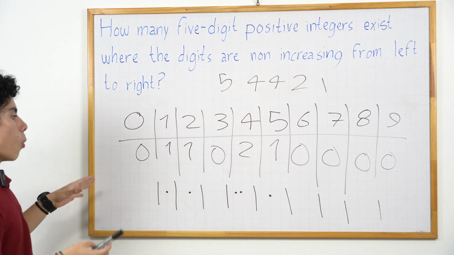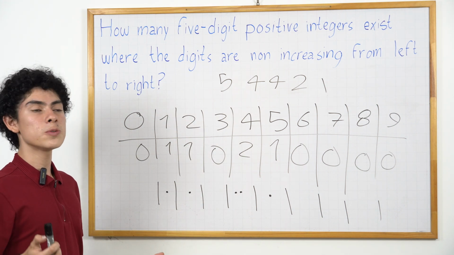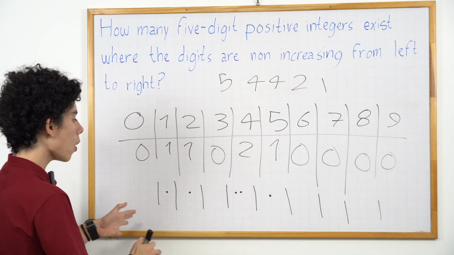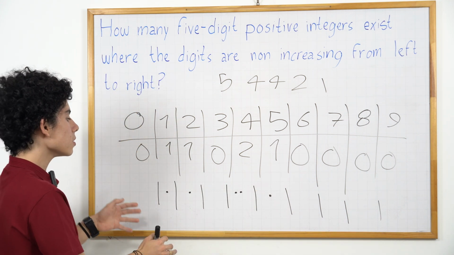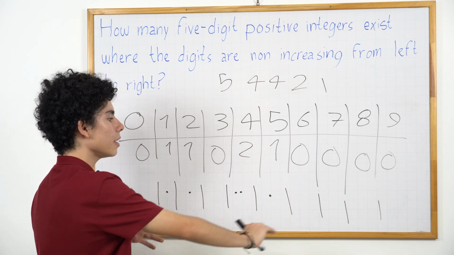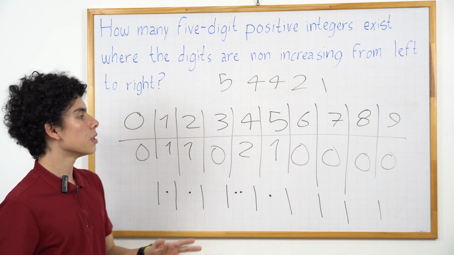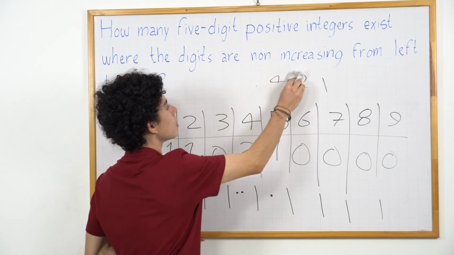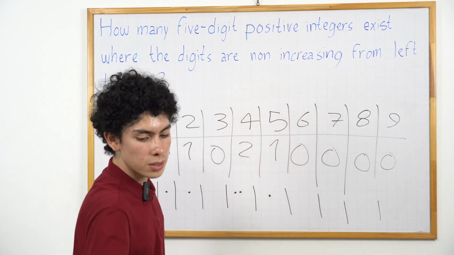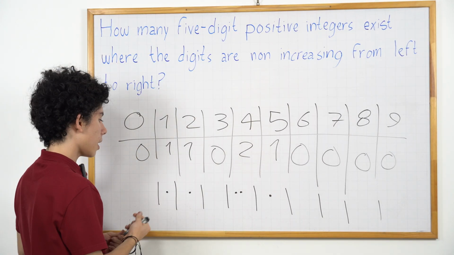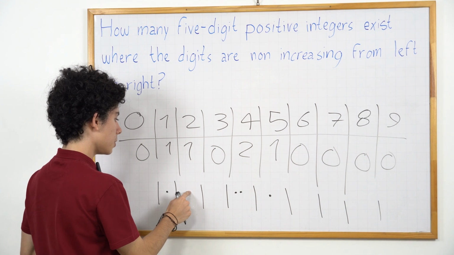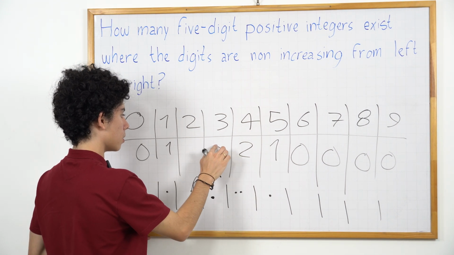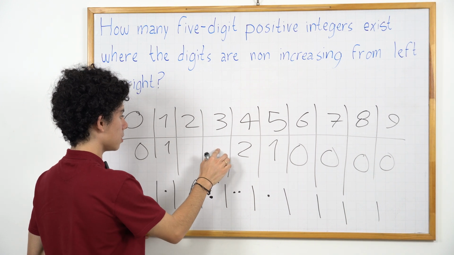Now, what we are trying to look for is how many ways of having 5 dots and 9 dividers we can have. If, for example, I happen to put this dot here, this would be now the representation.